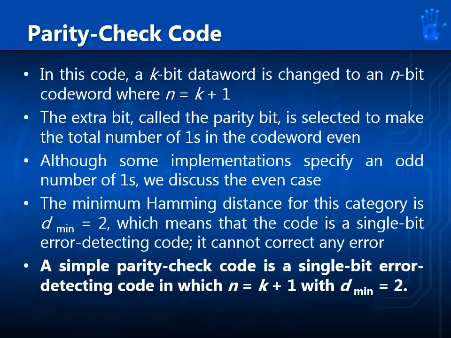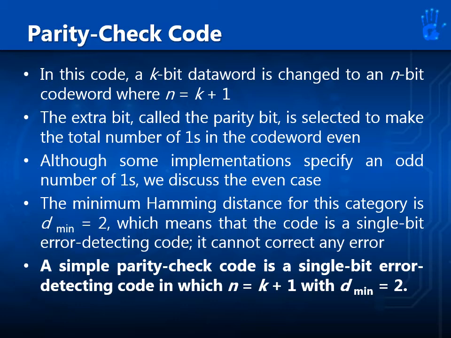Parity check code. In this code, a k-bit data word is changed to an n-bit code word, where n equals k plus 1. The extra bit, called the parity bit, is selected to make the total number of ones in the code word even. Although some implementations specify an odd number of ones, we discuss the even case.